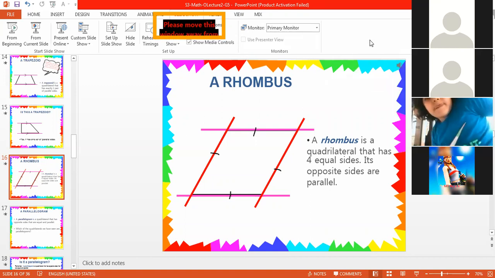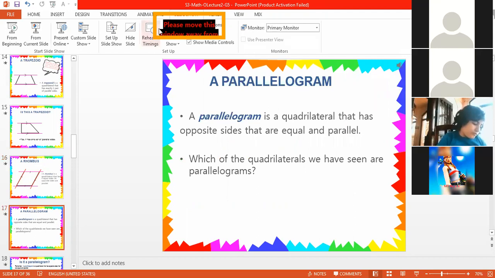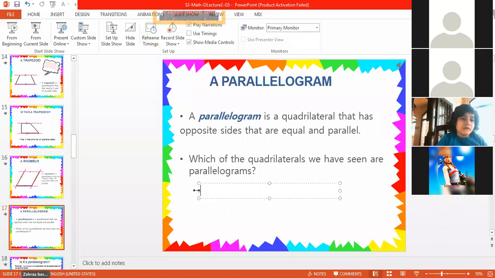Let us continue. And the last shape is the parallelogram. It has only one property, which is that opposite sides are equal and parallel.